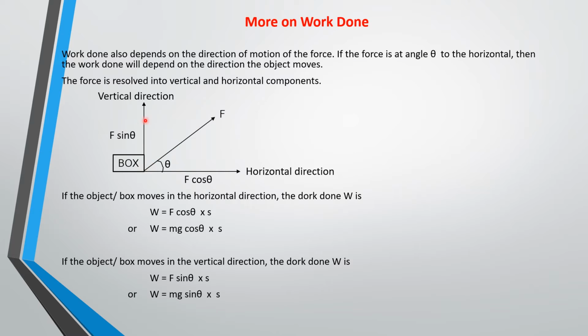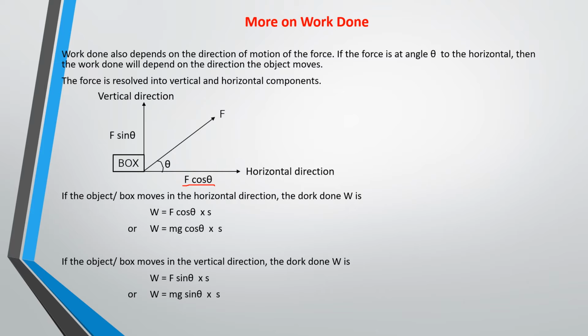We've said from our previous discussion that work done is equal to force times distance. In this particular case, if the body is moving through the horizontal direction, then the component of the force is equal to F cos theta.